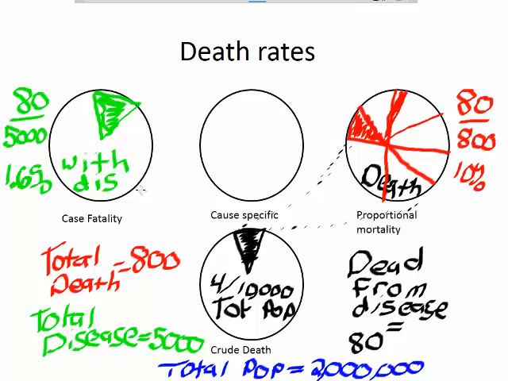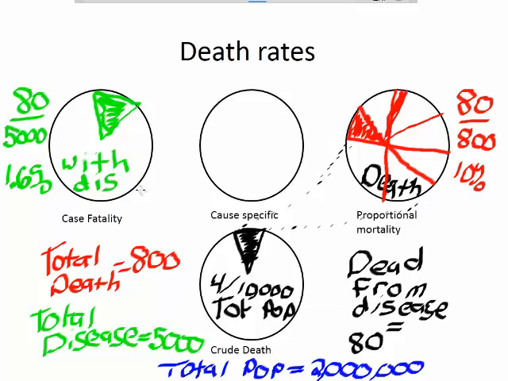Something like Ebola has a very high case fatality rate, in the 90% range. The common cold, on the other hand, has nearly a 0% case fatality rate because hardly anyone dies from the common cold compared to those who are infected. Now, if you look just at proportionate mortality or just at case fatality, sometimes you don't see the whole impact on the community.